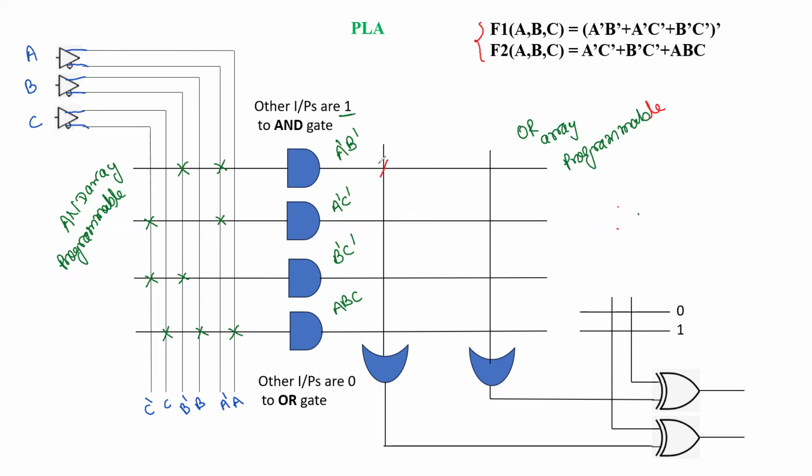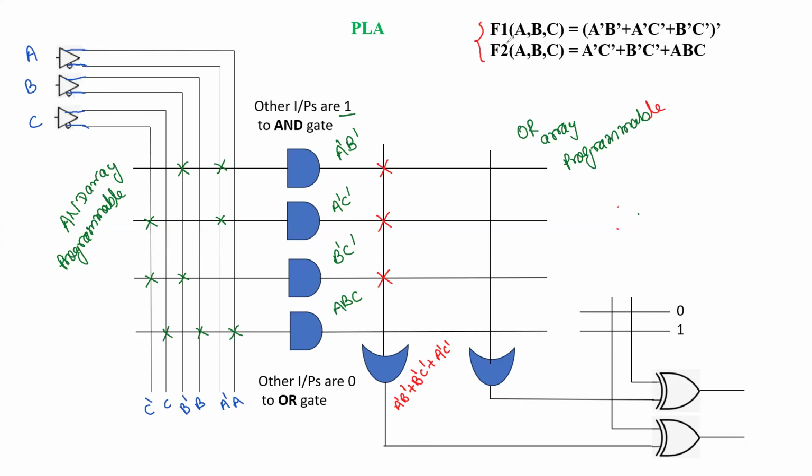A dash B dash, so that fuse should be intact, so we are putting a cross. And again we have A dash B dash, intact. And the third one we have B dash C dash. So now this OR gate is going to give the output A dash B dash plus B dash C dash plus A dash C dash.